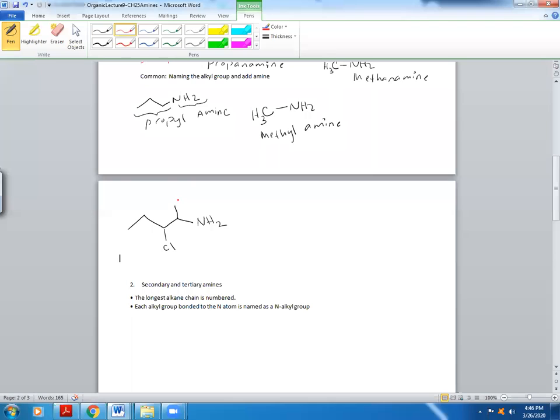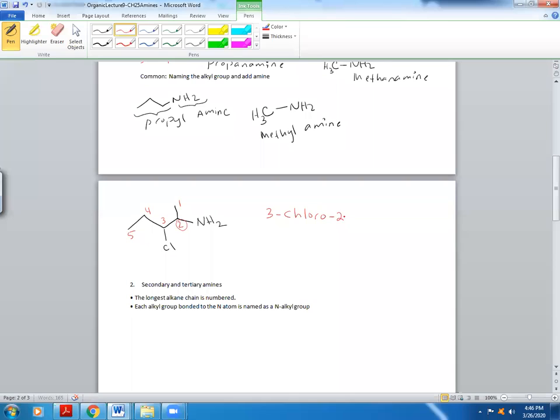We count from the top. So it's going to be 1, 2, 3, 4, and then 5. Okay. The question is, what is attached? Well, at 3 we have chloro. So we're going to say 3-chloro. And then you have to indicate where the amine is attached. So it's attached to which carbon? So it's at 2.